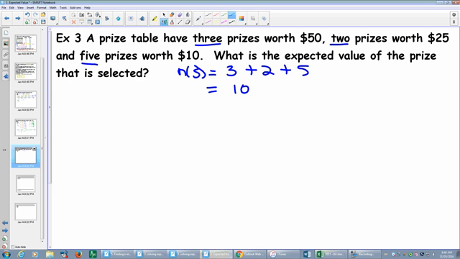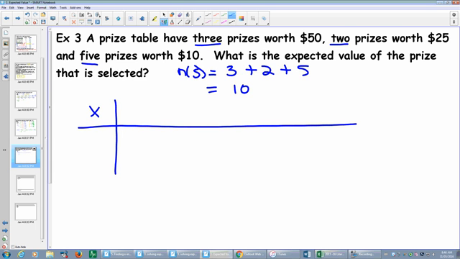I'm going to draw a little chart here to help us out. Remember, X is the outcome. The probability of X we'll figure out. So one of the outcomes of selecting this prize would be what? Mike, can you help me out?